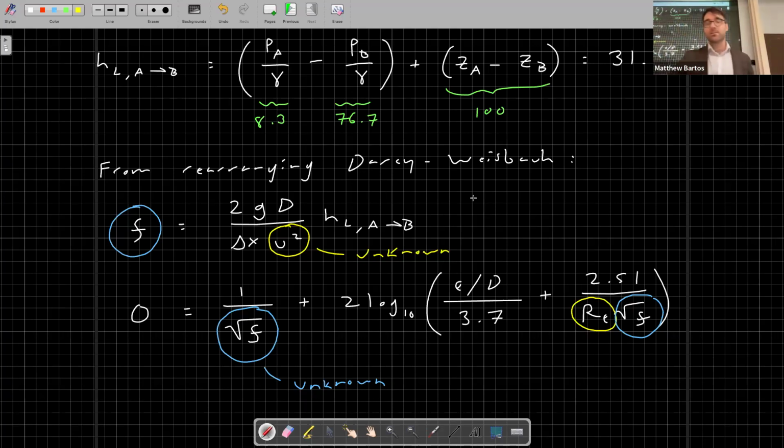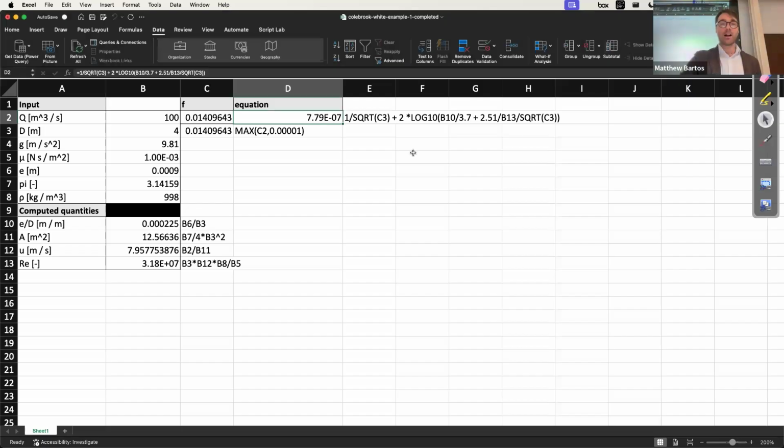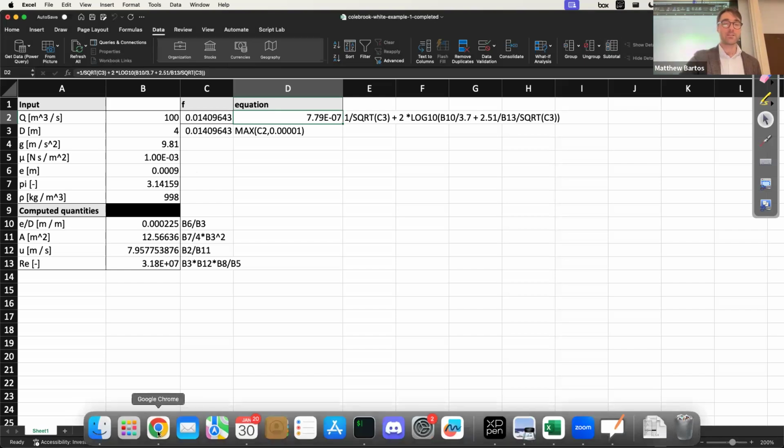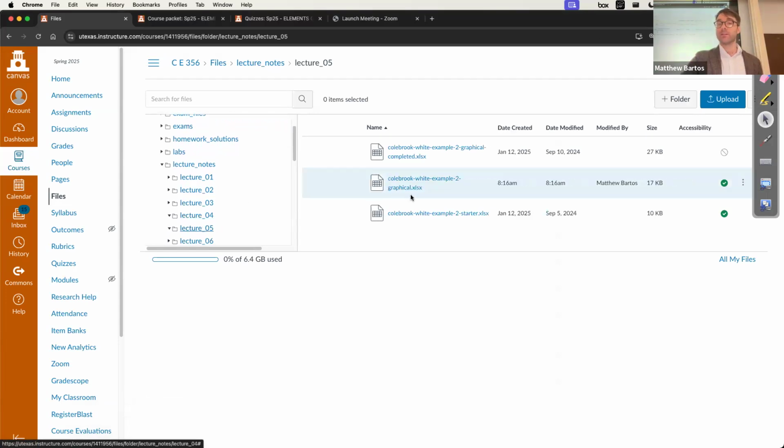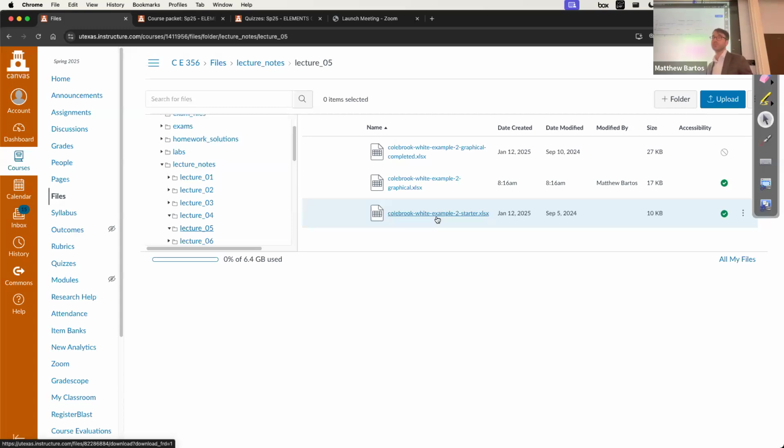If you go to Canvas Files, I've uploaded another starter spreadsheet for you. So if you go to Files, Lecture Notes, Lecture 5, there should be an example called Colebrook-White Example 2 Starter.